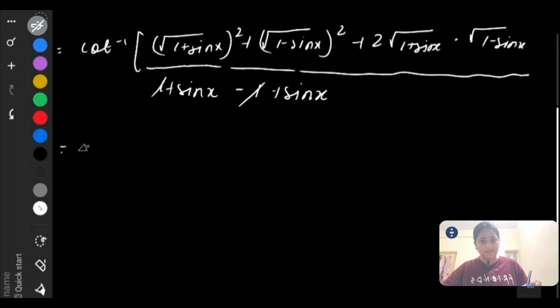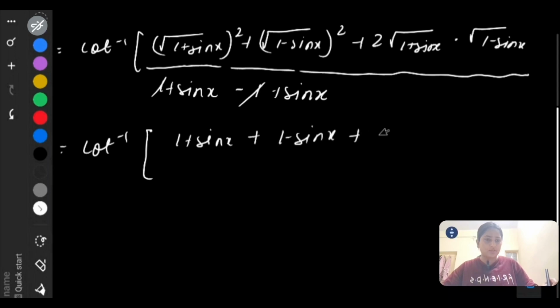So moving to the next step, we have cot inverse. A square is 1 plus sine x, squaring the root gives the same, plus 1 minus sine of x plus 2 whole root, which is 1 plus sine of x into 1 minus sine of x, right?